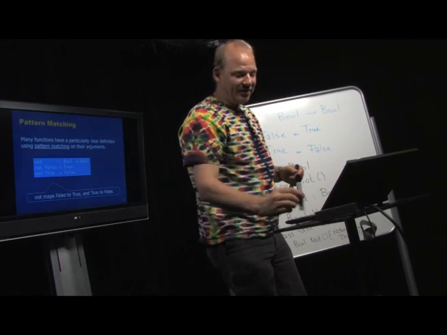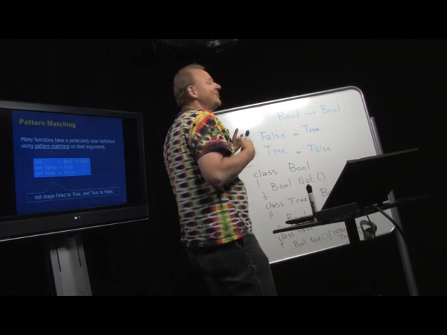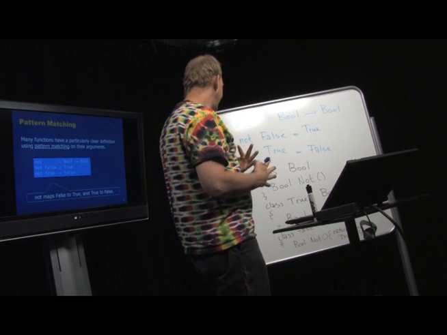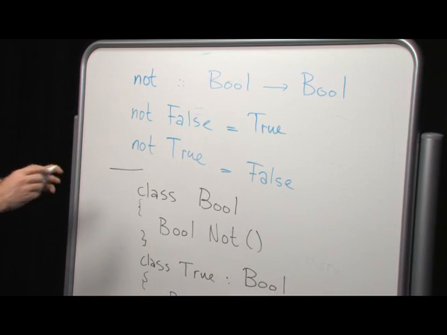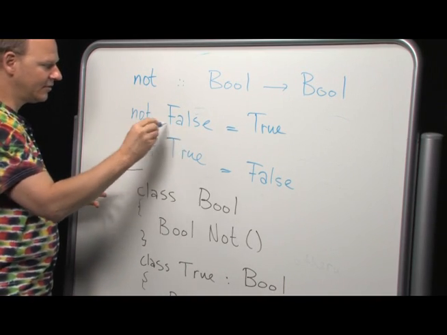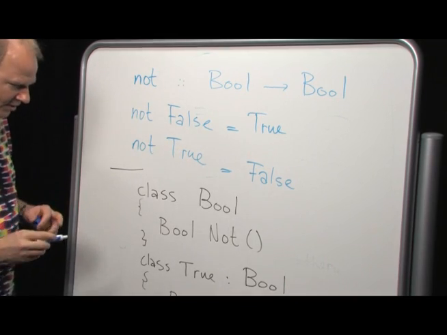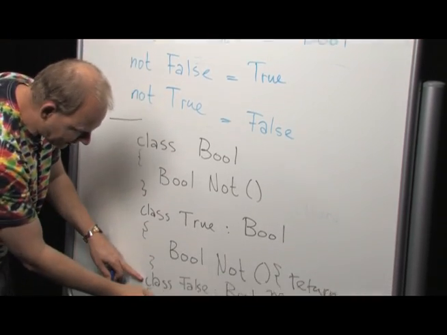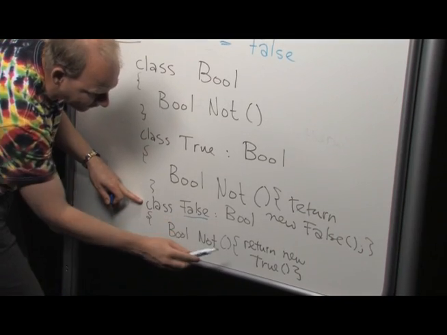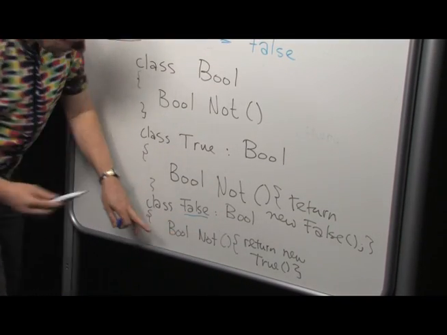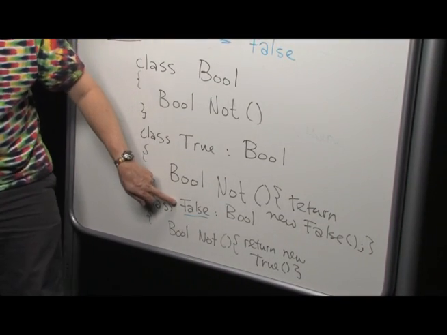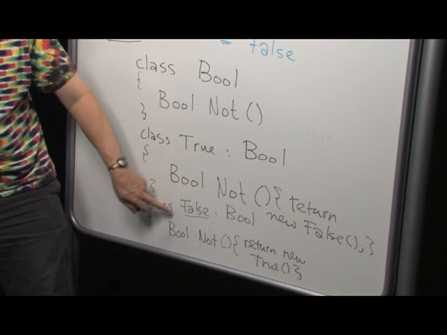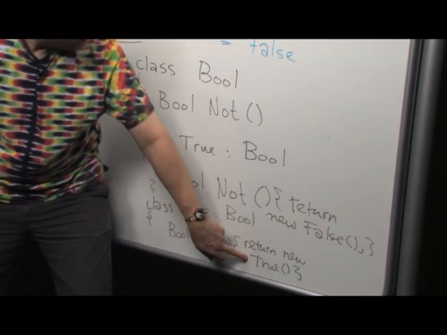Okay, so now we have these types side by side, and now you can see that really they convey the same information. Here there's Not defined on False, because implicit is the this parameter, which in this case has type False, and if the this parameter is False, I return True.